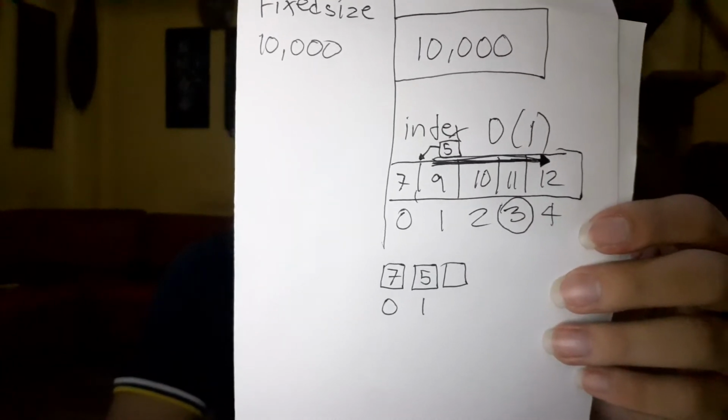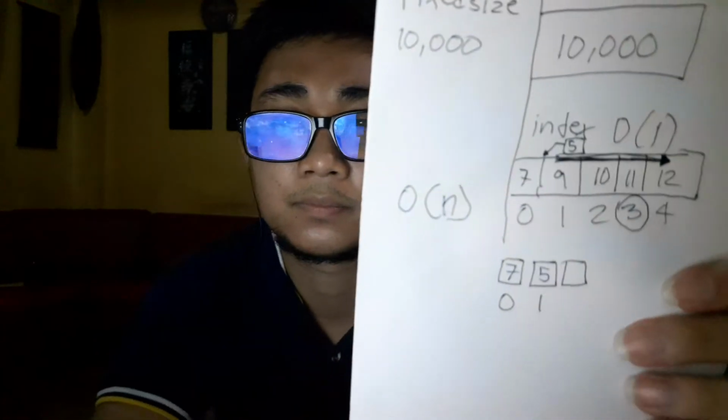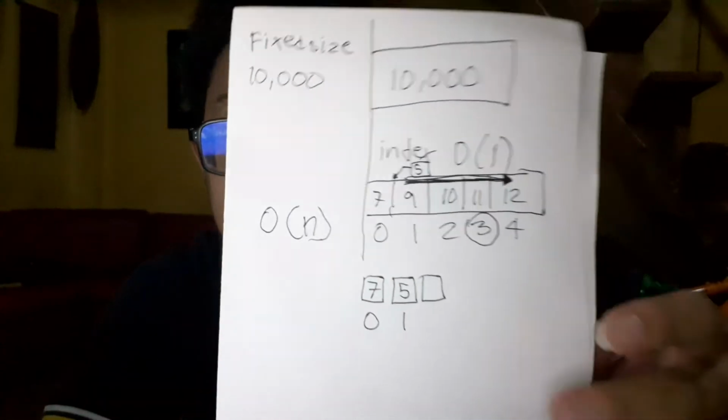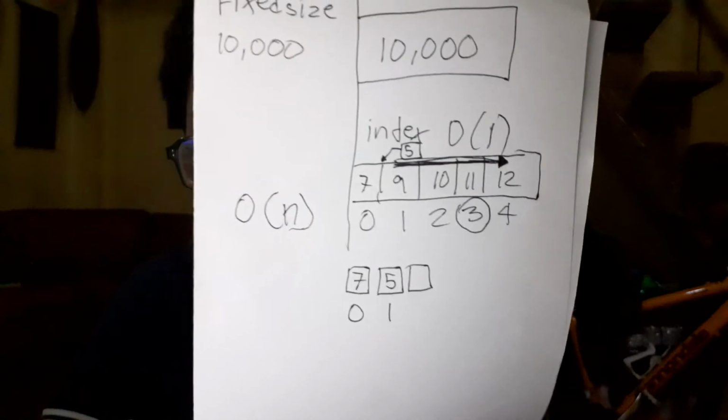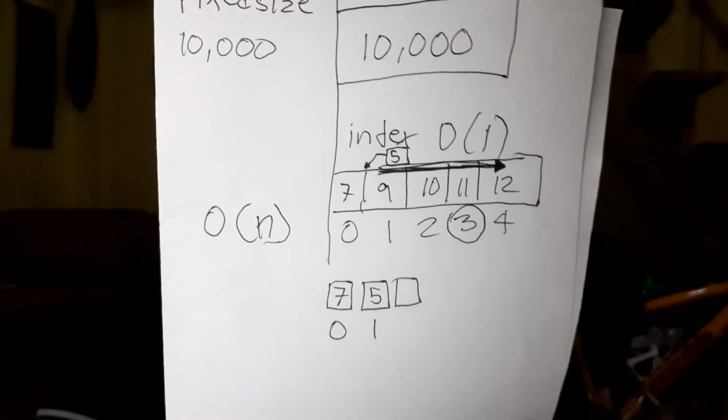So that takes what's known as O(n) time. It's going to continually take longer and longer to insert an item, especially at the beginning of our list.